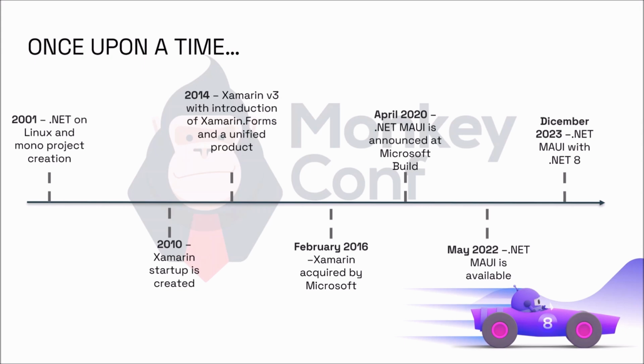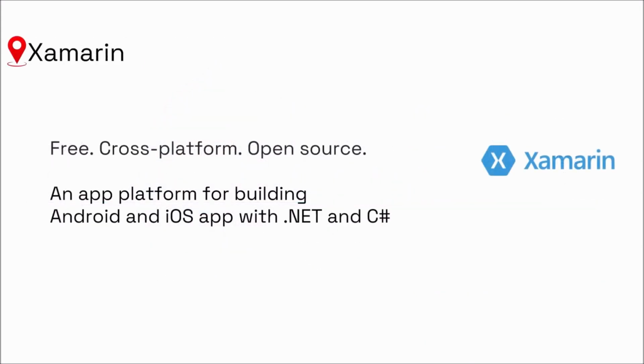So our trip today will start from Xamarin. So Xamarin, it's a free cross-platform open source framework. It's actually, or better, it was an extension of the .NET platform with all the tools and libraries that you need to build applications on iOS, Android, macOS, and even more. You can use and access different native features.